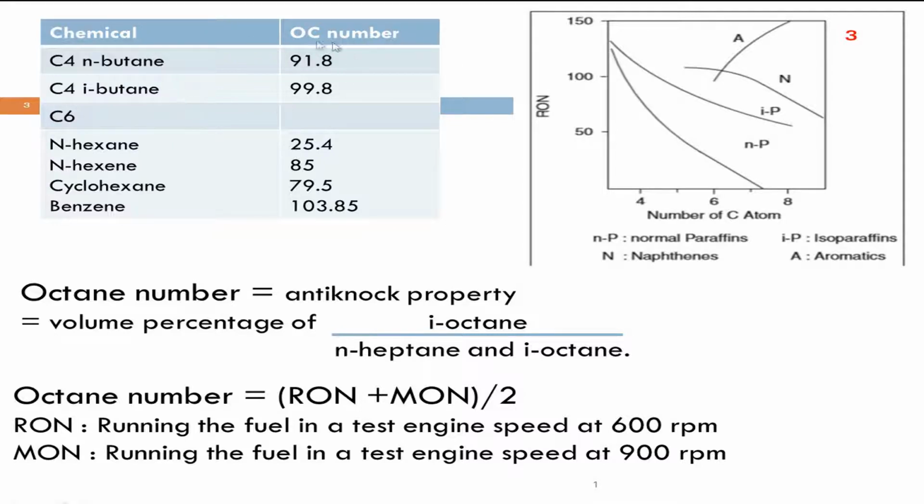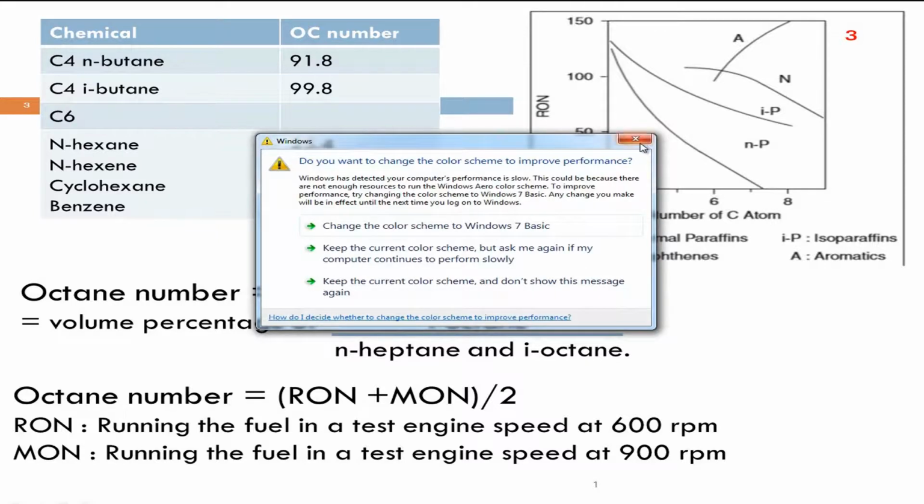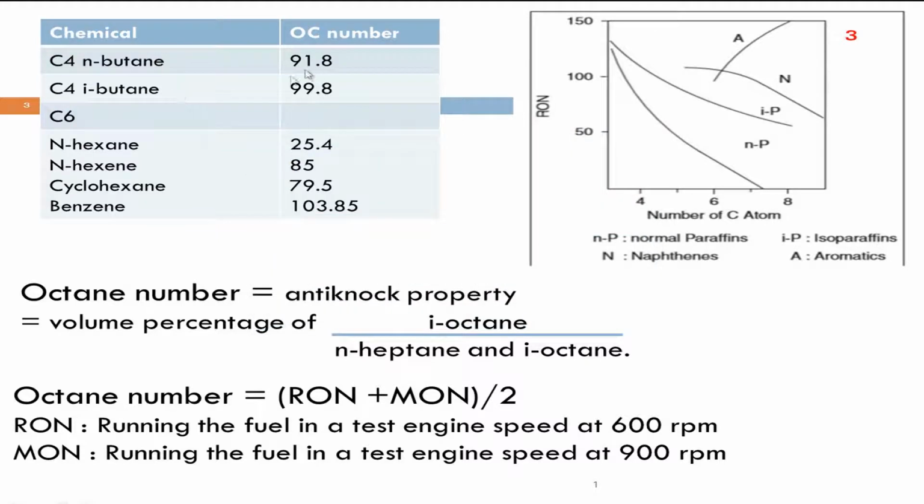According to this, we can roughly say that isoparaffin has a higher octane number compared to normal paraffin.